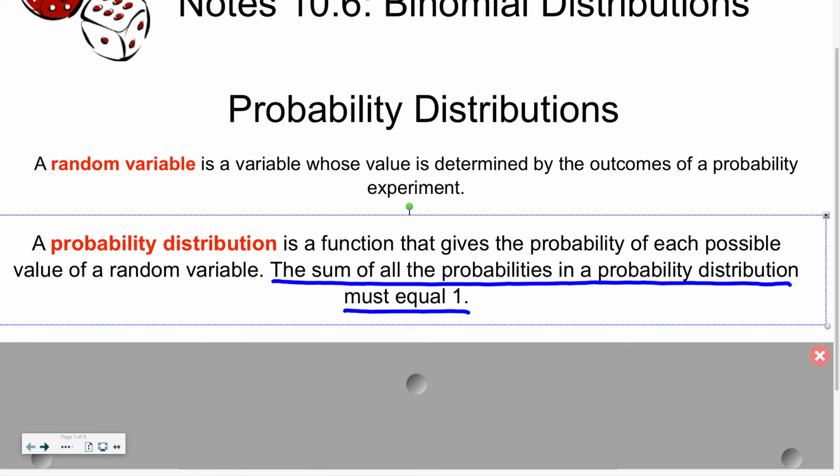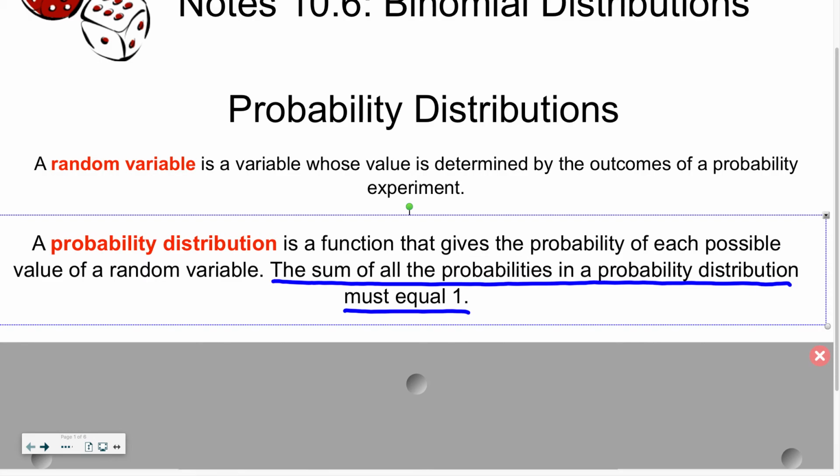Okay, so the probability distribution is really just a way to organize all the different outcomes that are possible for a given event. And when you're done with the probability distribution, a really handy thing to do is make sure that all the probabilities in the distribution add up to 1. Then you know you haven't missed any probabilities or maybe overcounted any probabilities, like in case you had an overlap of some kind.